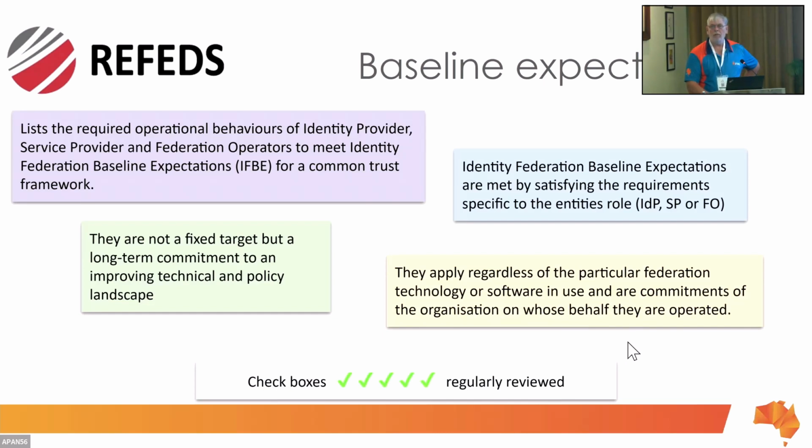And they're just basically check boxes. You do this, yes, great. You do this, yes. And if you get all the ticks green, then you're good to go with being compliant with baseline expectations. And within the Australian Access Federation, we want that to be a yearly sort of review that is done to ensure that people are keeping up to speed with this stuff.